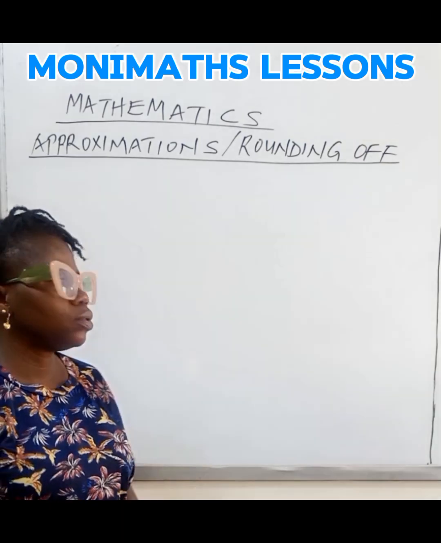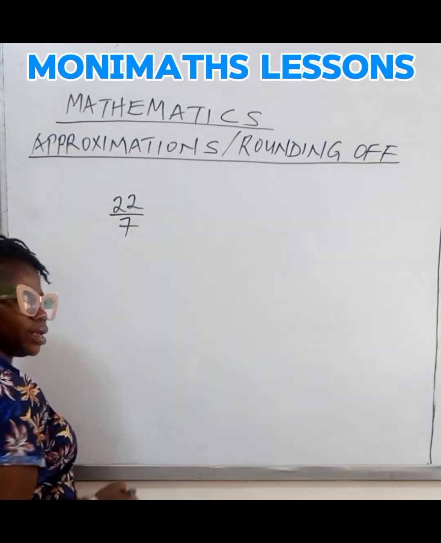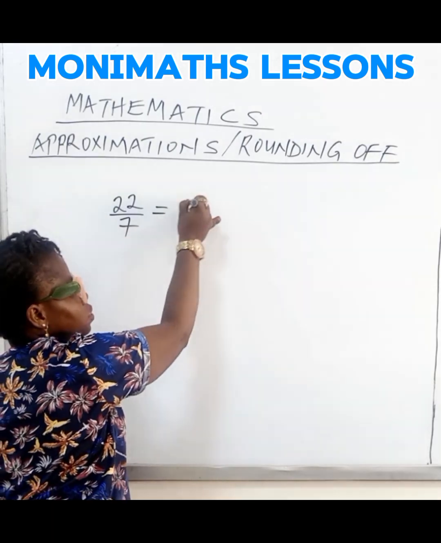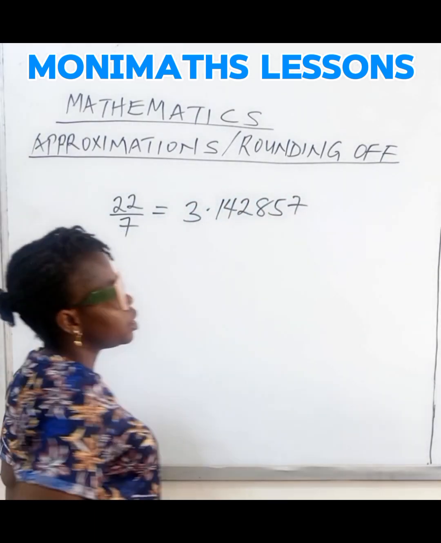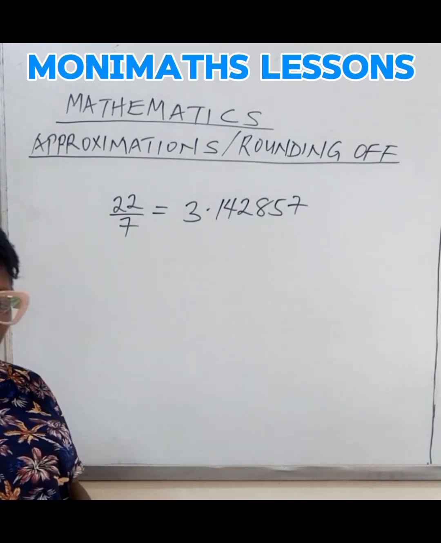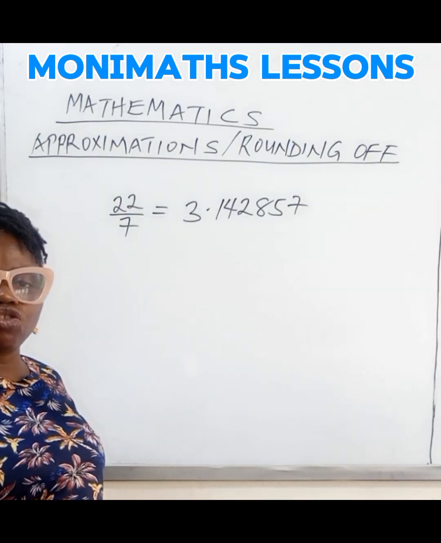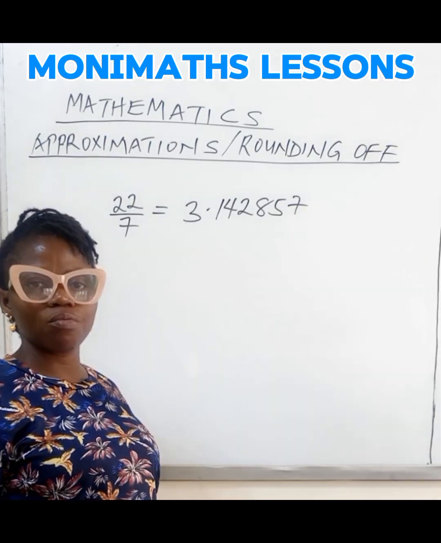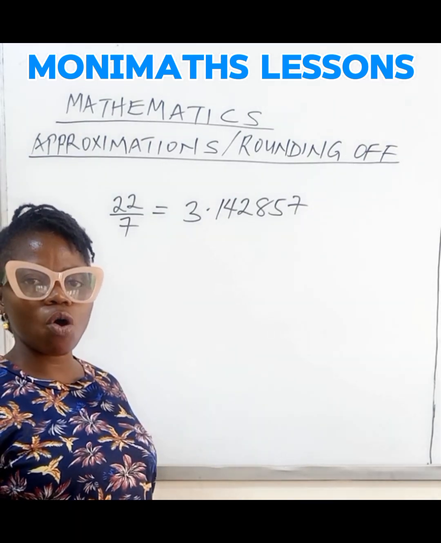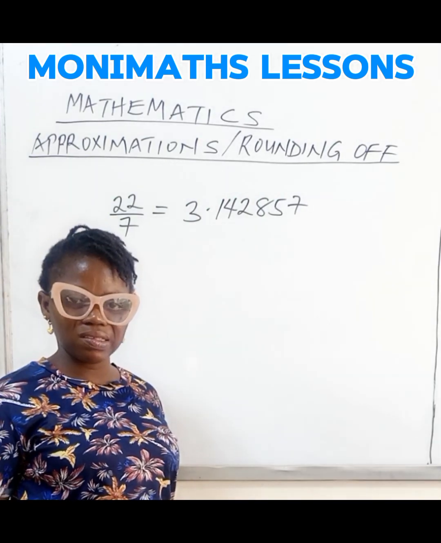For example, 22/7, that is pi, is equal to 3.142857. This is a lot of decimals, so we can choose to make this number simpler and easier to manage by rounding it off, like to 2 decimal places.